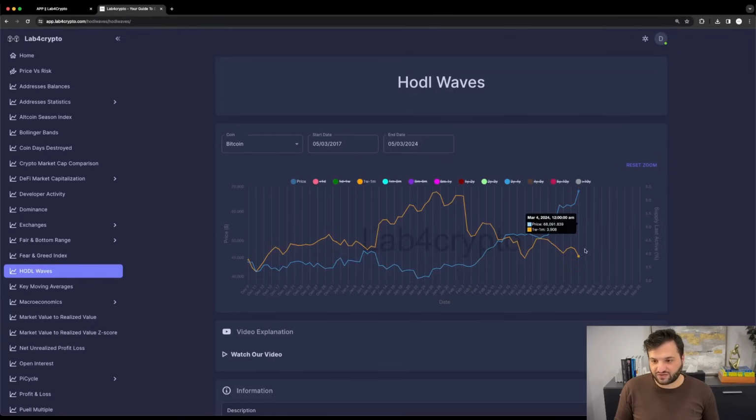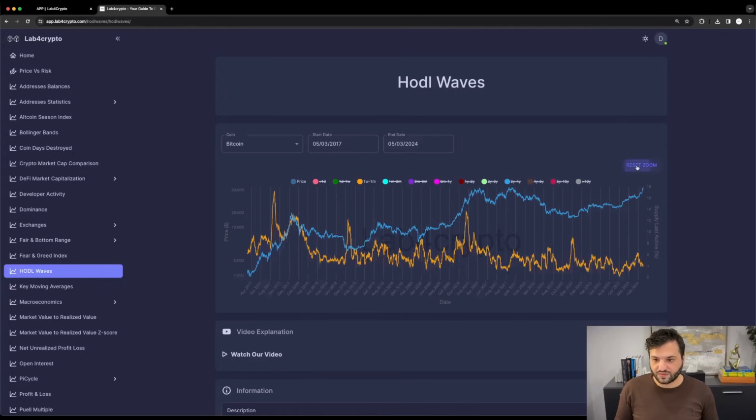And if we check the current number, today 3.9% of the Bitcoin supply has not moved. But what these numbers tell us in short is the behavior that various investor brackets have.